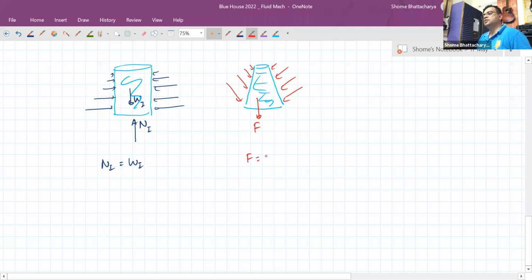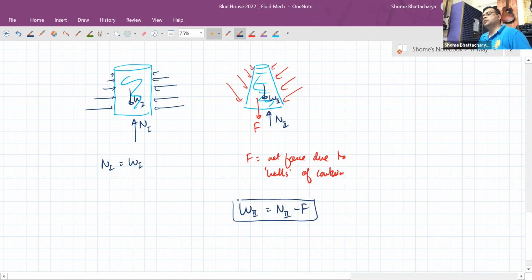So this F is the net force due to the walls of the container. So that will be in the downward direction, whereas the normal reaction that the floor is applying is still in the upward direction, and weight is like this. So in this case, you can see that the weight will be equal to this normal reaction minus F. So in this case, you can see that the weight is actually less than the normal reaction.